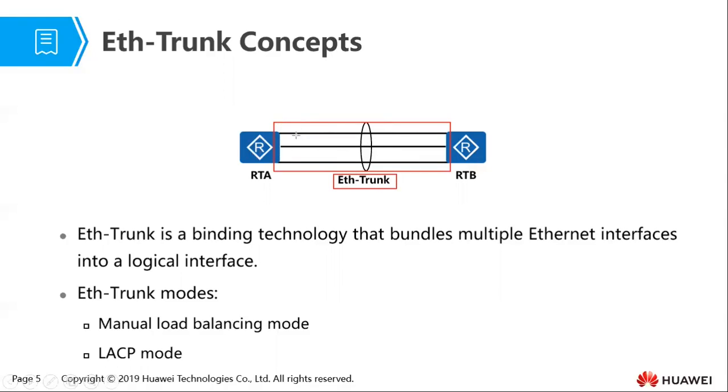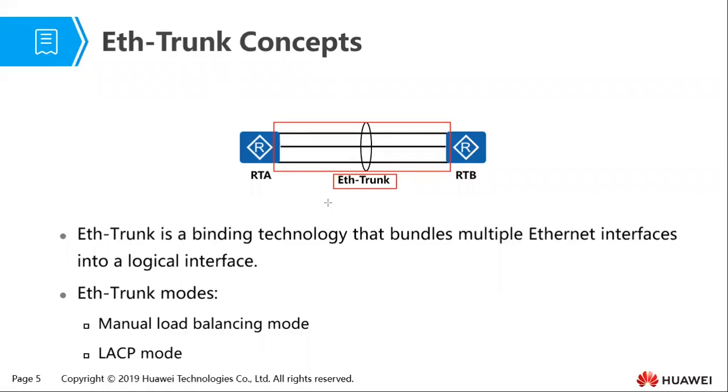Now, this will cater for the challenges that we saw in the previous slide in these ways. Number 1, the total bandwidth of the Ethernet trunk will be the sum of the individual bandwidths of these interfaces. So if this is 1 gig, this is 1 gig, this is 1 gig, then the bandwidth for this Ethernet trunk is going to be 3 gig. Therefore, it increases bandwidth between RTA and RTB.